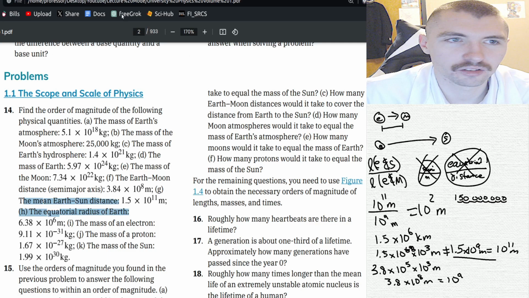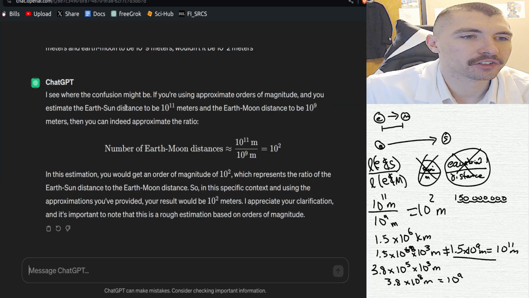What's the book? I see where the confusion might be. If you are approximating order of magnitude, you estimate this.